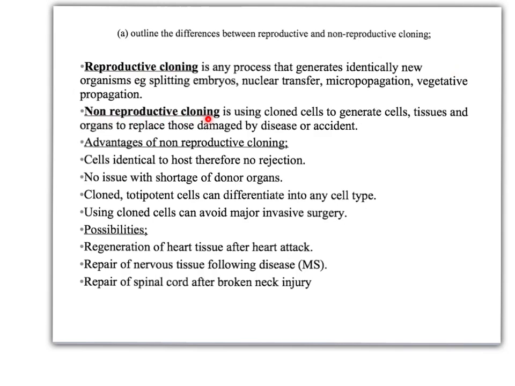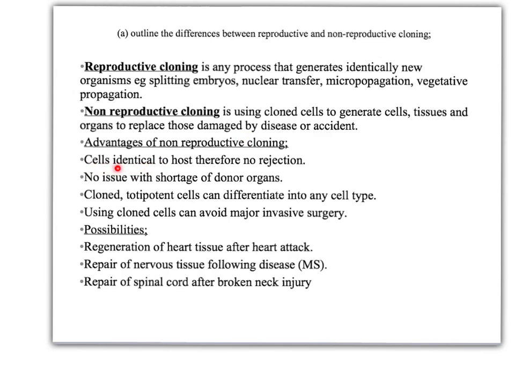Non-reproductive cloning is the use of cloned cells to generate tissues and organs, and this potentially has uses in replacing damaged organs and tissues in various diseases or accidents. Okay, and I've got some advantages here.